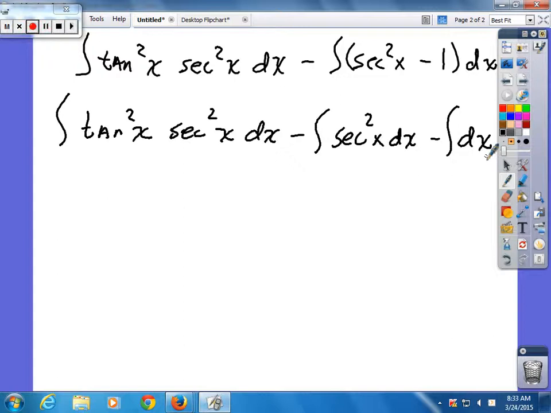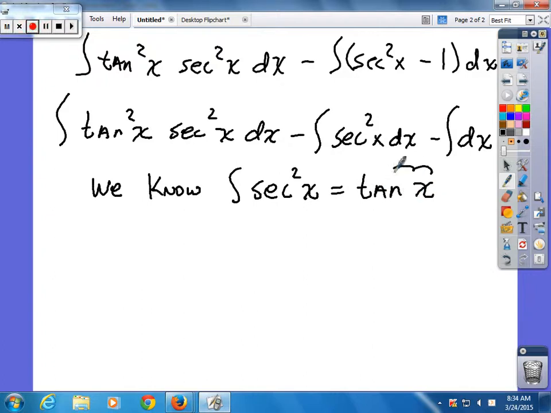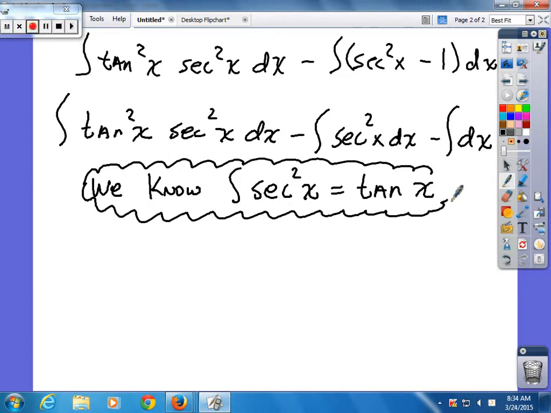Now finish it out, and you know that the antiderivative of tangent squared of x times secant squared of x is tangent cubed over 3, and the antiderivative of secant squared of x is equal to the tangent.